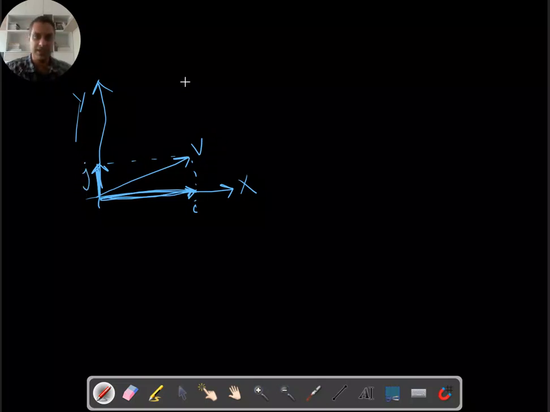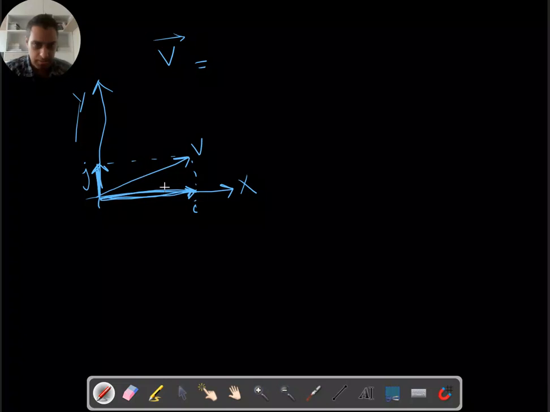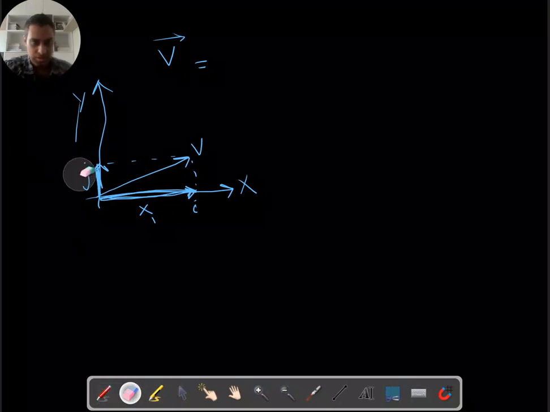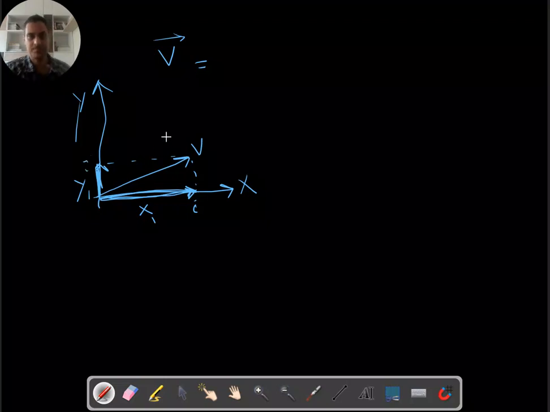So vector V equals, sorry, this much x1, for instance, where x1 is a number, in the i direction, and let me write it a bit more clearly, this is y1 in the j direction.